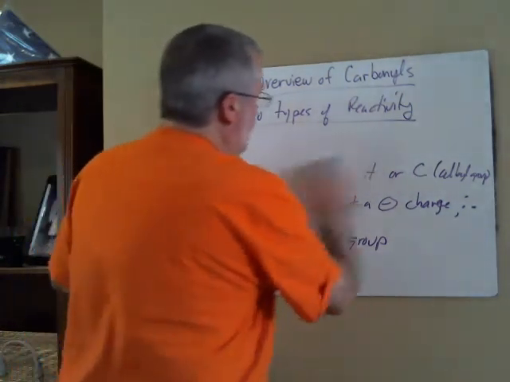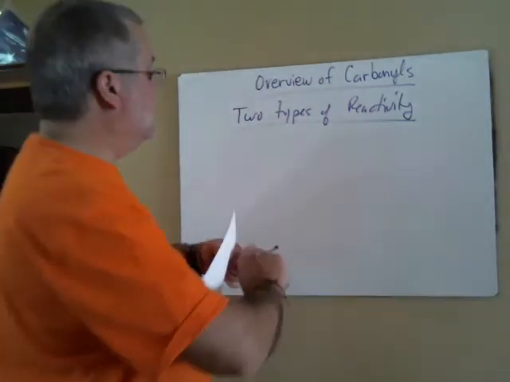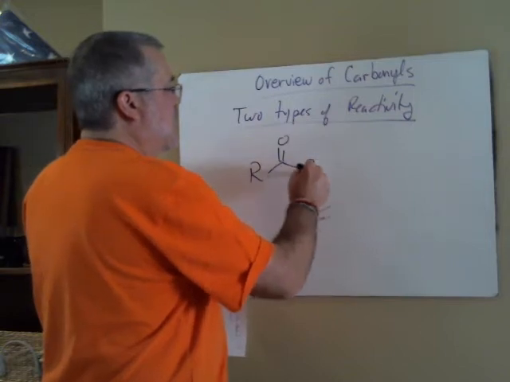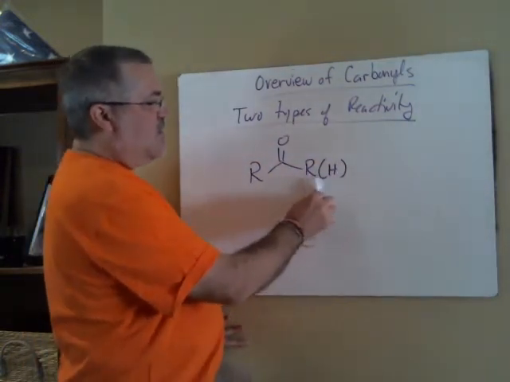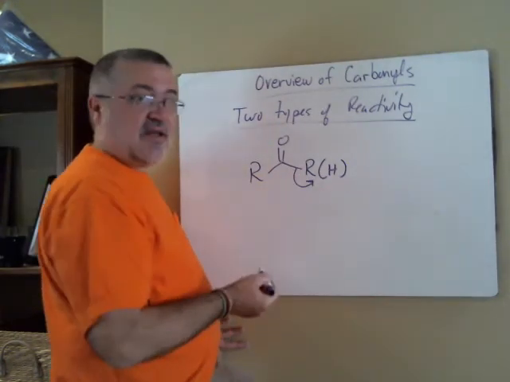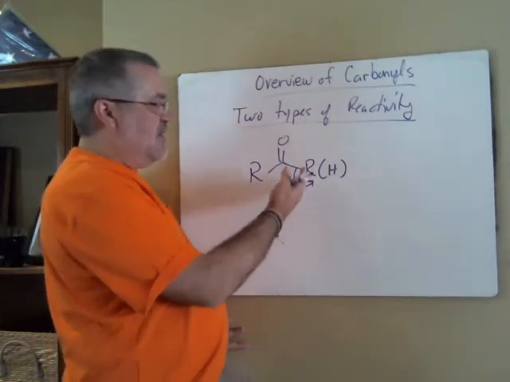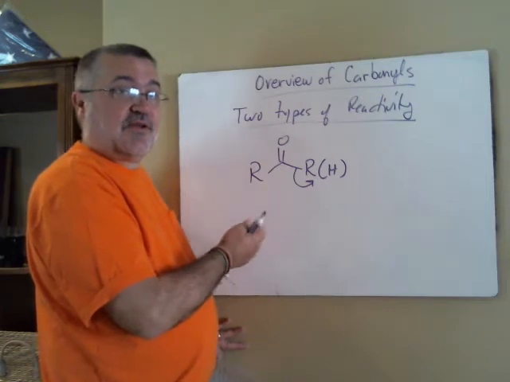So going back to the acyl group, what that's basically saying is whether this is an R or an H, neither one of these groups would support a minus charge, so you're not going to see it leaving as a leaving group. And as we're going to see in a minute, that's what then leads to addition reactions instead of substitution.